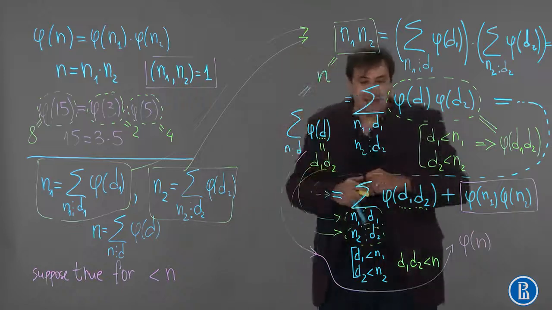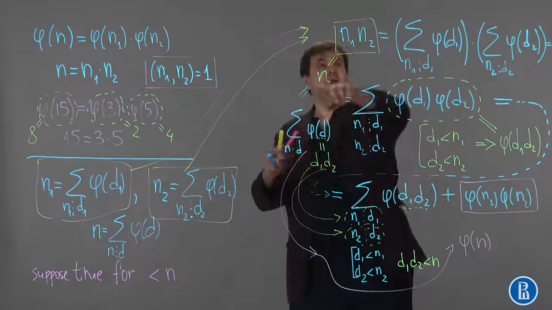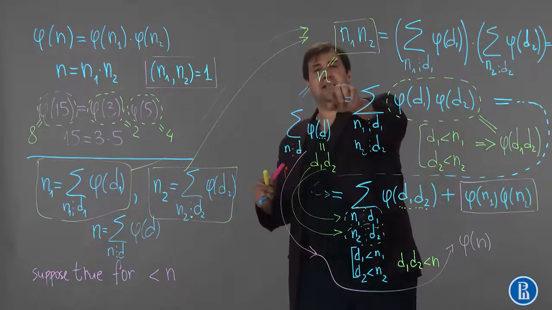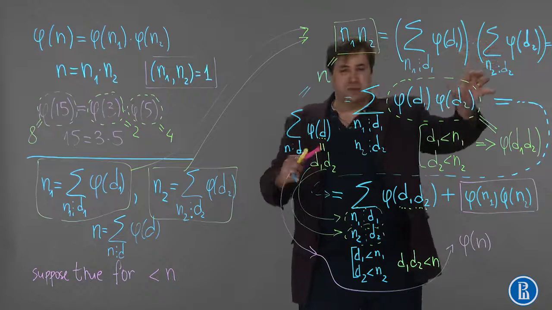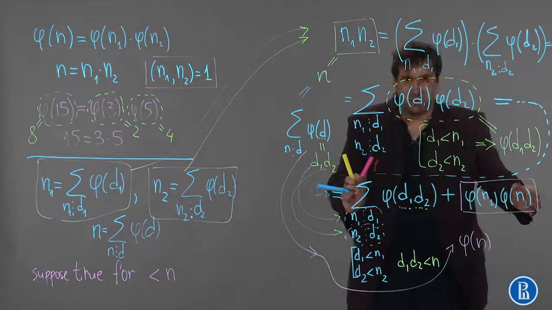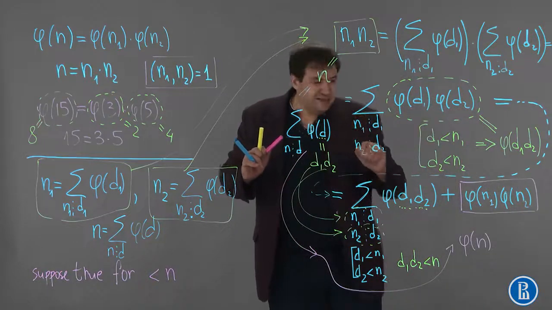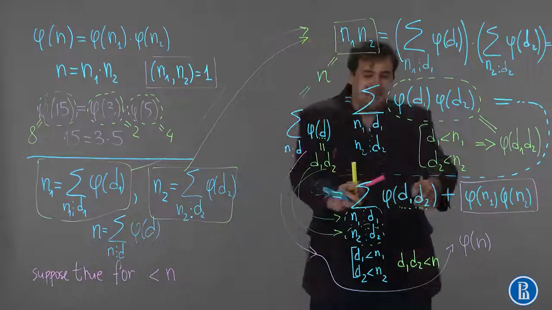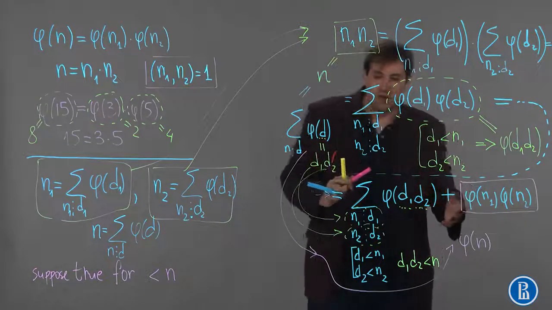Well, if we simplify this equality, and all this is an equality, let's just take a look. This sum is equal to n, it's equal to this product, is equal to this product, is equal to this great sum, which is equal to this expression over here. And now we notice that this sum over here and this sum over here have very much in common.